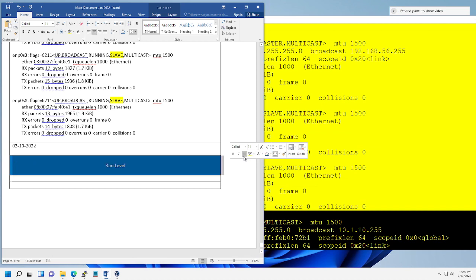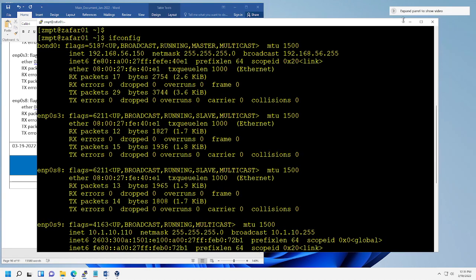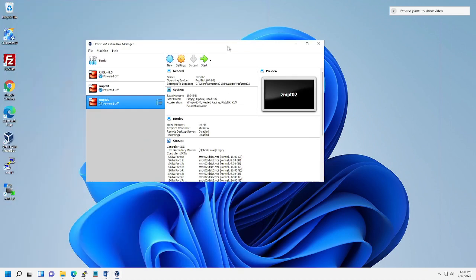So in the Linux environment, we have, let me go to the local system here so that you could see it better. Let me turn this on.